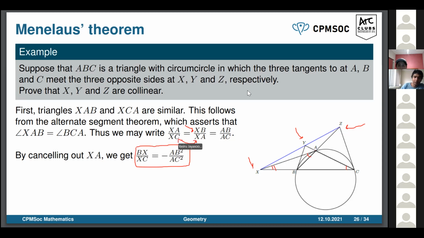We get BX over XC, but that's the same as taking the square of AB over AC. Also, we're using directed lengths here, so XB has had its direction flipped to BX. That's why we have a negative sign here, in preparation for using Menelaus's theorem later on. So we get BX over XC is negative AB squared over AC squared.